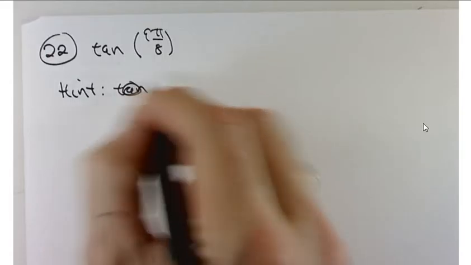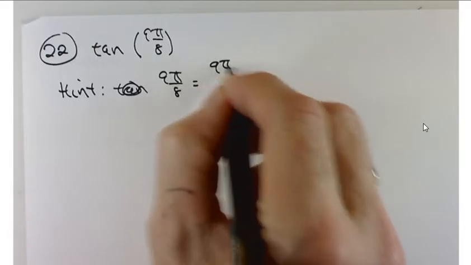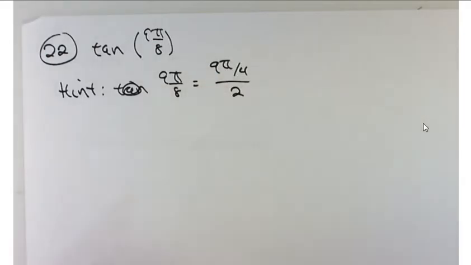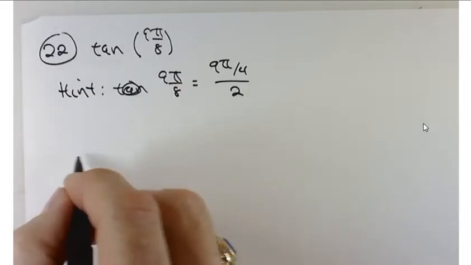9 pi over 8 is 9 pi over 4 divided by 2. So there's our hint. Let's see if we can put that into place.